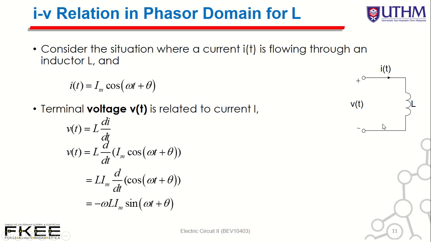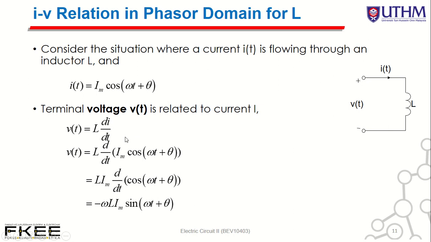So what is the relationship between voltage and current? From this relationship we can determine Z, the impedance, or we can determine the inductance. The terminal voltage is related to the current by Vt equal to L di/dt. Do you still remember this from chapter 1? So VL equal to L di/dt.